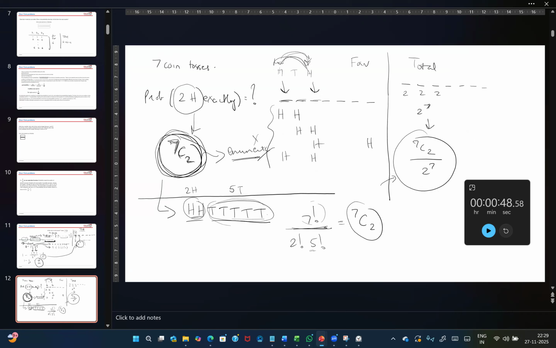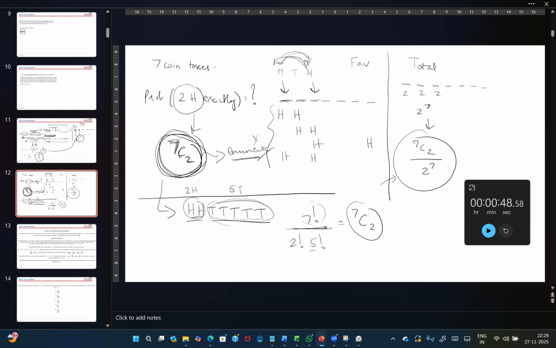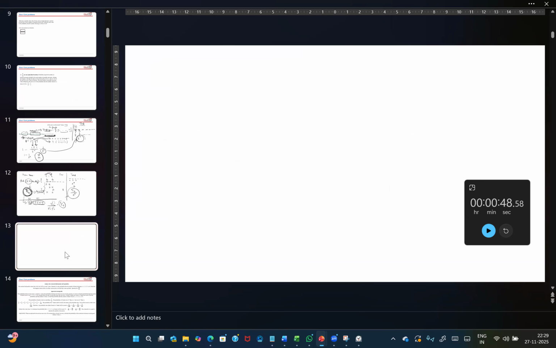Now, do you remember binomial theorem? No? Binomial distribution, I mean, what is it? Binomial distribution is to model the number of successes. This is another way of solving these problems.